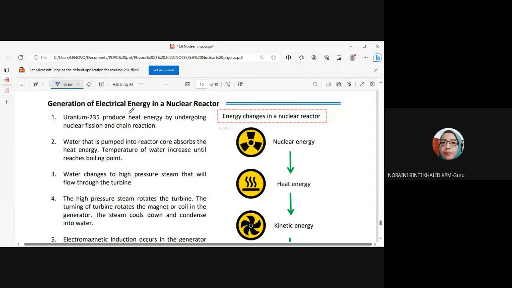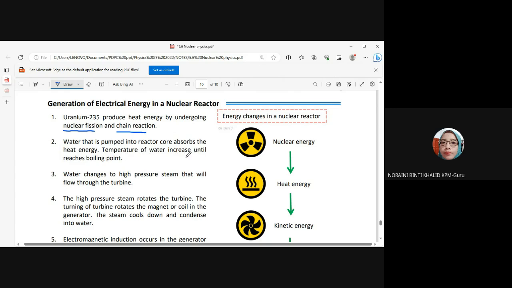Generation of electricity in nuclear reactor. Okay, boleh baca buku teks tentang nuclear reactor. Uranium-235 produce heat energy by undergoing nuclear fission and chain reaction. Water that is pumped into reactor core absorb heat energy.